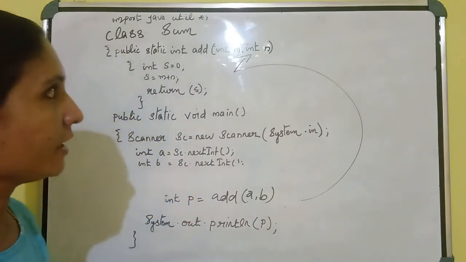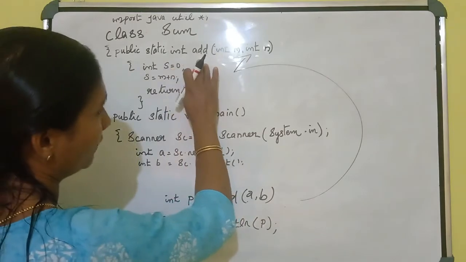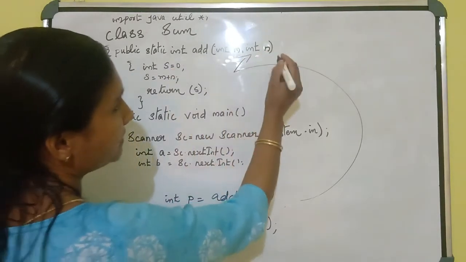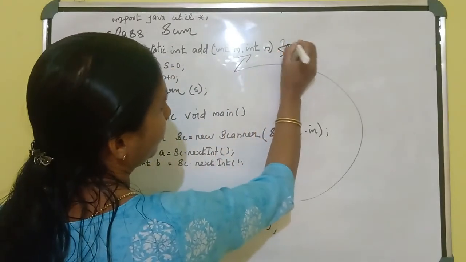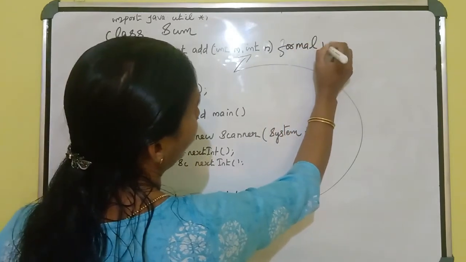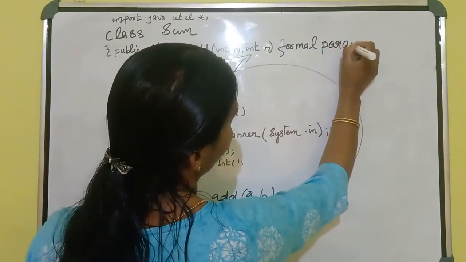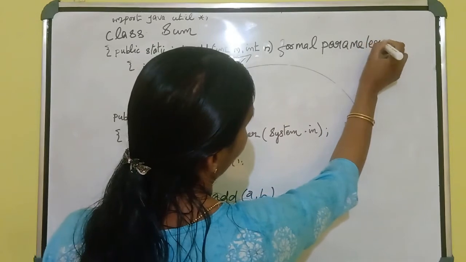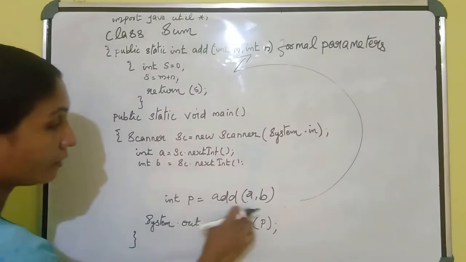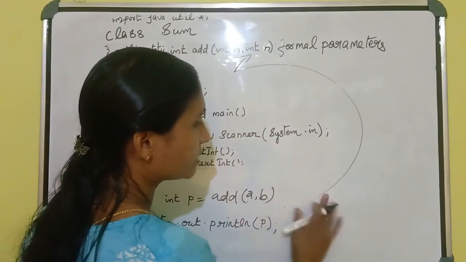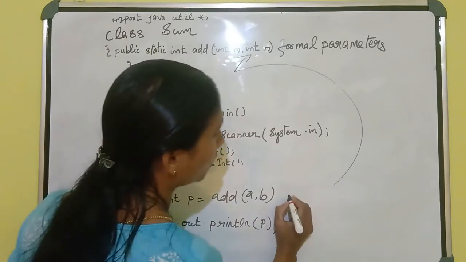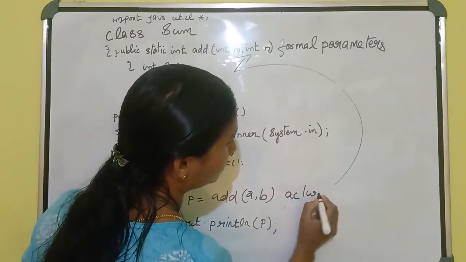Whenever you declare or define a function, these parameters are called formal parameters. And when you invoke a function or call a function, these parameters are called actual parameters.